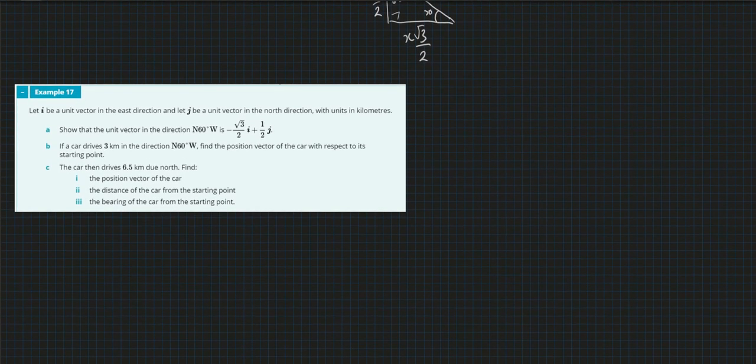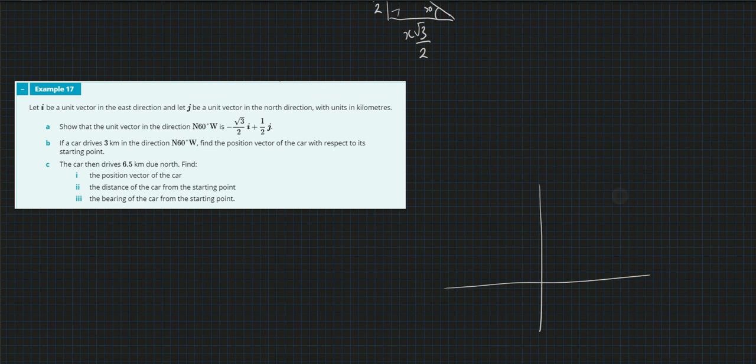So we're going to let I be a unit vector in the east direction, and J be a unit vector in the north direction. So it's just like our vectors. Show that unit vector northwest 60 degrees. So let's draw that. So north and then west 60 degrees is something like this.